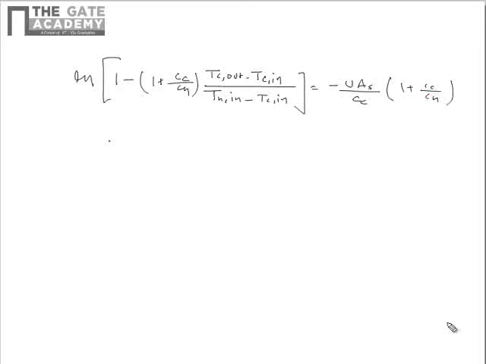Now, we know effectiveness is defined as Q dot actual upon Q dot max.